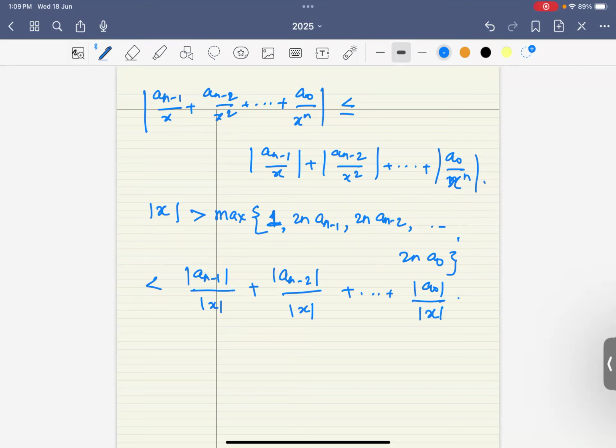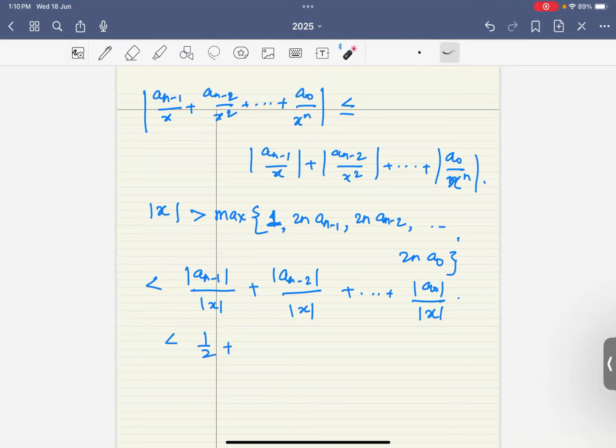Now think about mod of x. Since mod of x is greater than 2n times mod a_{n-1}, this number is less than 1 by 2n.